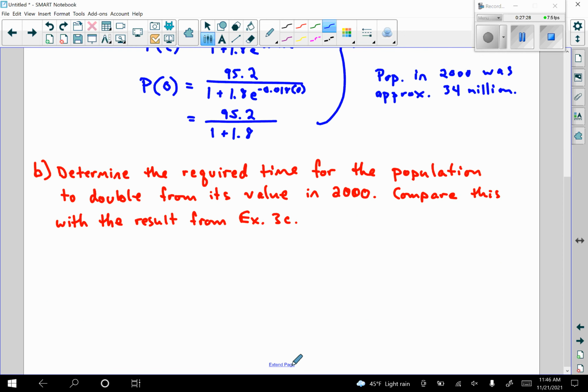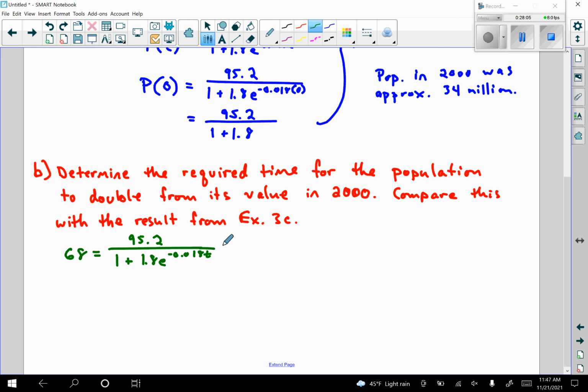All right, example B: determine the required time for the population to double from its value in 2000, and we're also going to compare this with the result from example 3C. So starting off, we know we can start with P of t equal to 68, and that's going to equal 95.2 over 1 plus 1.8 times e to the negative 0.018t.